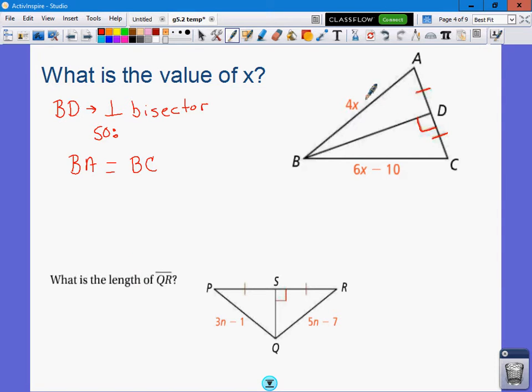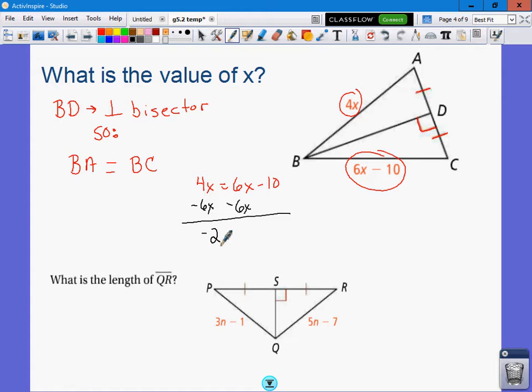So what am I going to do with the values that are here? Set them equal to each other. So 4x must be equal to 6x minus 10. Normally I like to take x to where x is the largest, but this x is kind of by itself here. So I'm going to subtract 6x from both sides.